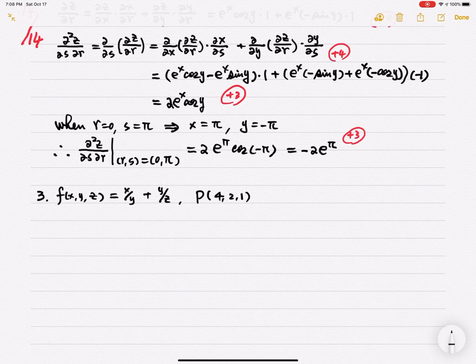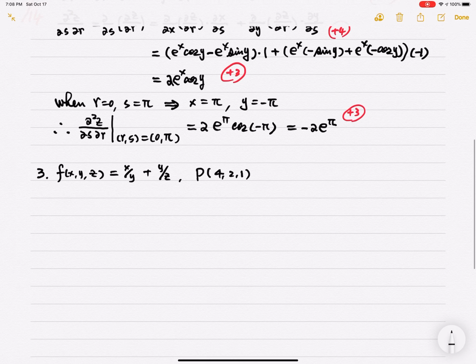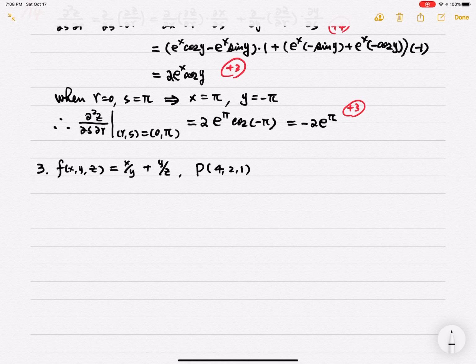We ask you to find the direction in which the function decreases most rapidly, and find the directional derivative in that direction. So first of all, we find f sub x at (4, 2, 1). You calculate the derivative with respect to x, which is 1 over y, and y is equal to 2, so that's just 1/2.